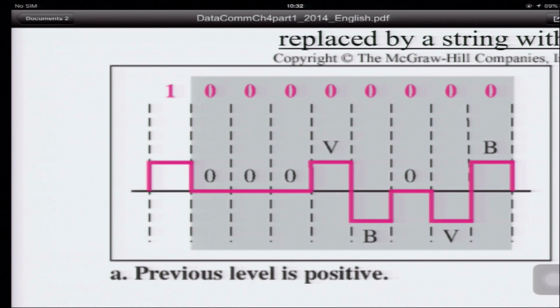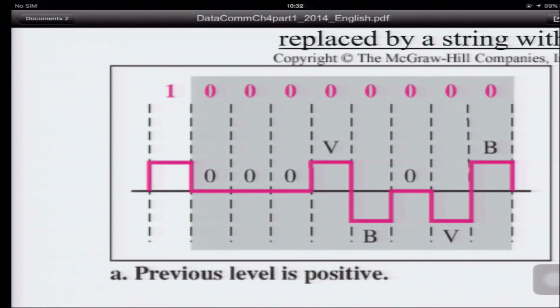And then the bipolar bit means that it just follows the normal bipolar, which means that if the previous one is a positive pulse, then at this point it has to be a negative pulse. So it's 0, 0, 0, violation, bipolar, and then 0 again, and then violation. Violation means that you have the same polarity.